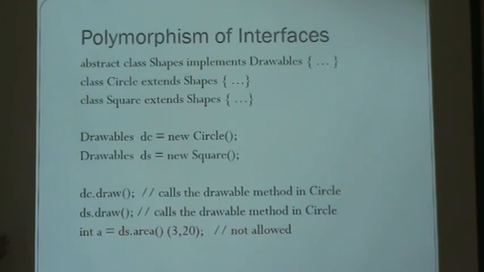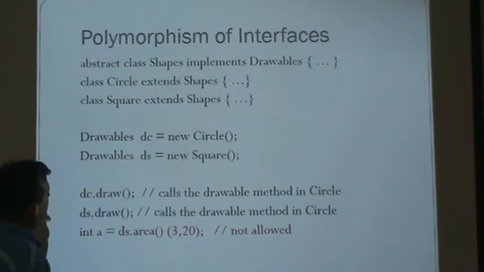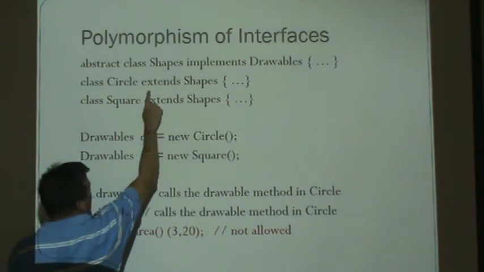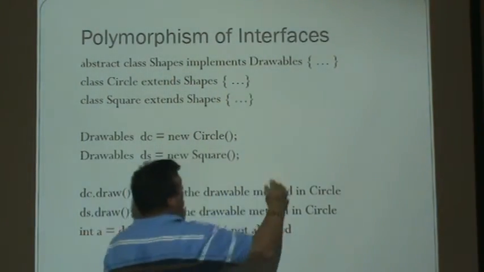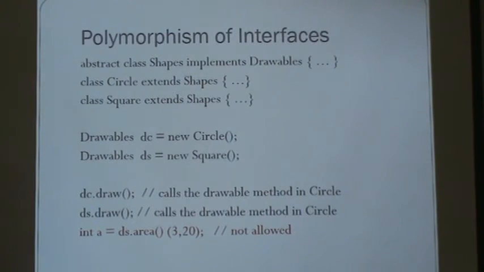And we could have a class square, which extends shapes. Now, are circles and squares required to implement all the functions in drawable, the way this is written? So what we're doing is, circle is inheriting from shapes, and shapes implements drawable. So now anything that inherits from shapes is required to implement every function in the drawable interface.